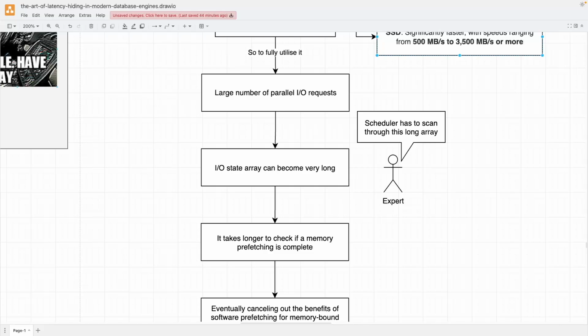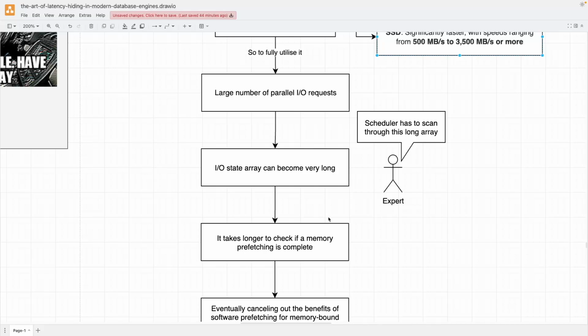People who are interested in competitive programming might say, okay, this is an O of n problem, right? Big O of n. Every time you need to go through all the n transactions to check if anyone is done or not. And here n is 1,000 or could be even more because you need a good amount of transactions to satisfy your SSD's bandwidth, to use all that bandwidth.